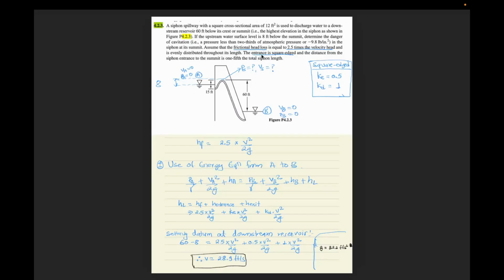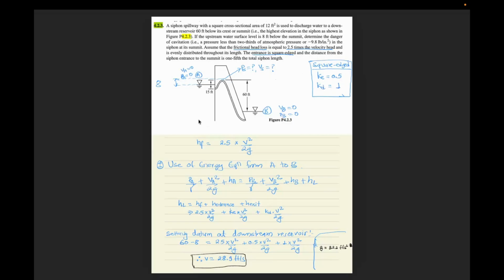And another one is the entrance is square pipe, that has a K value of 0.5, and when it comes out, the exit value will be 1.